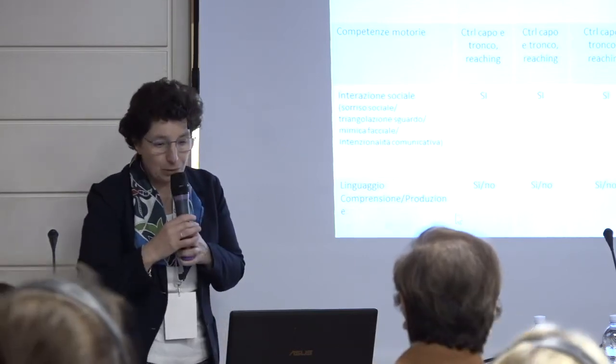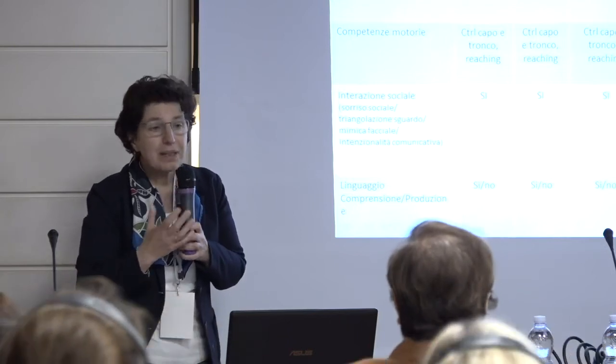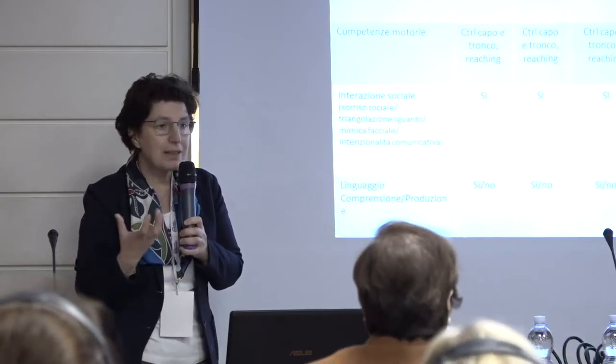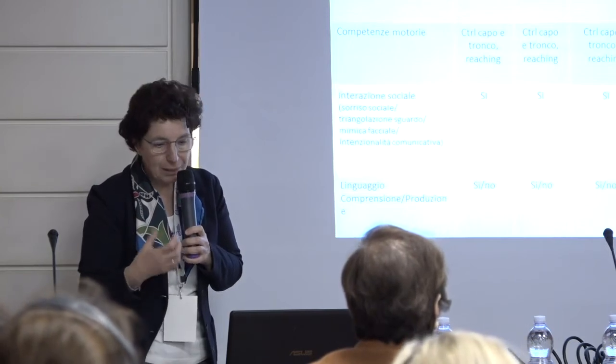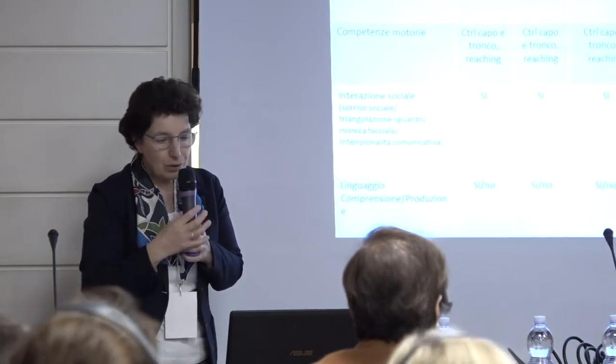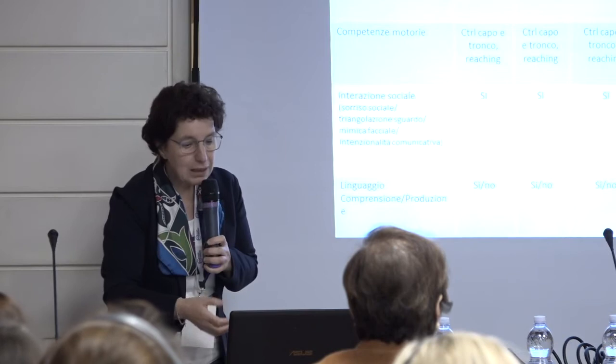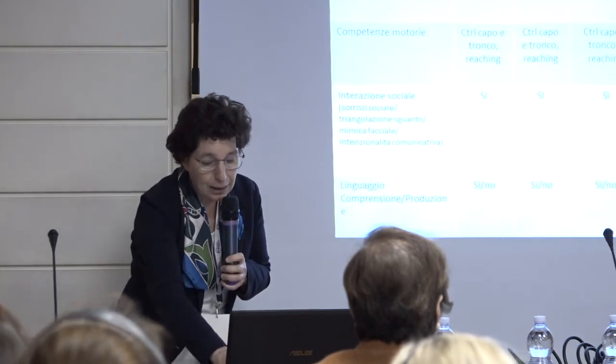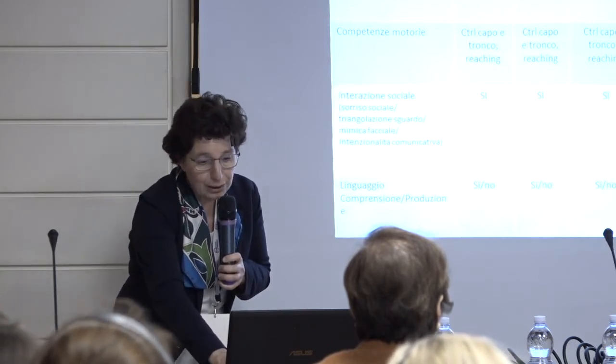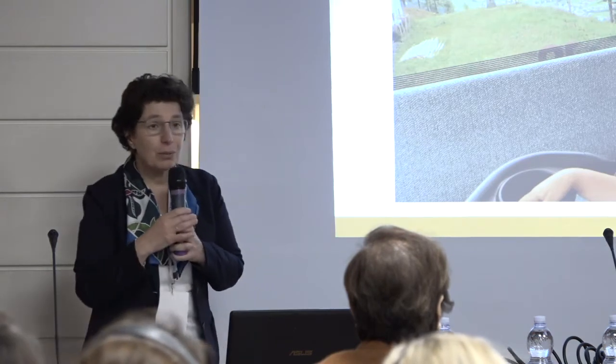Speech is compromised in all the patients when it comes to speaking, whereas comprehension, that is not assessed in an objective way but has been assessed through what the parents had to say, seems to be quite normal.